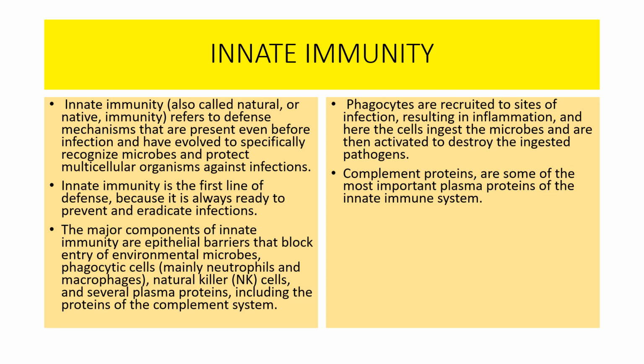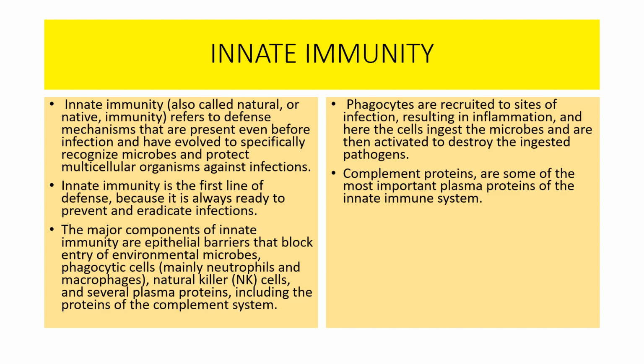So innate immune response is also known as natural or native immunity. It refers to defense mechanisms that are present even before infections and have evolved to specifically recognize microbes and protect multicellular organisms against the infections. Innate immunity is the first line of defense because it is always ready to prevent and eradicate the infections.